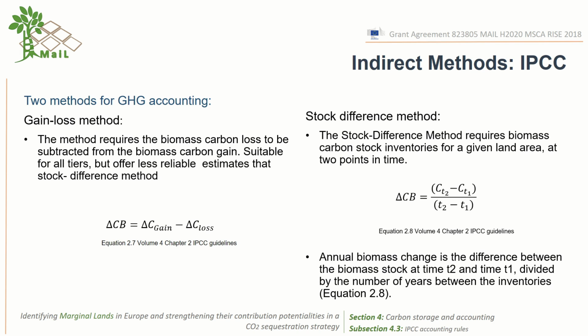The stock difference method calculates the variation in carbon stock by subtracting the carbon stock at time 2 and at time 1, divided by the number of years between the inventories.